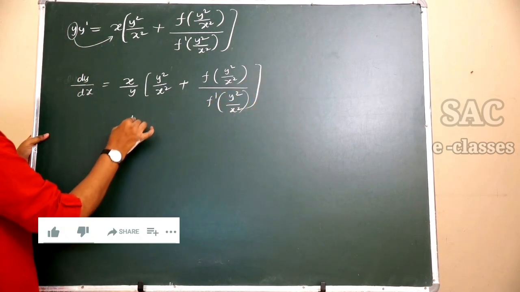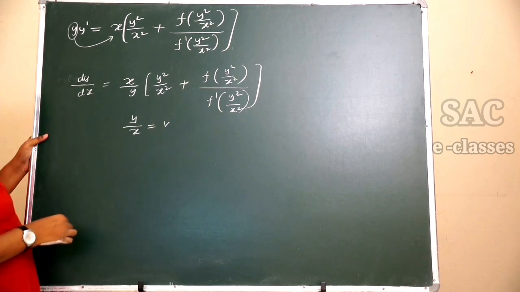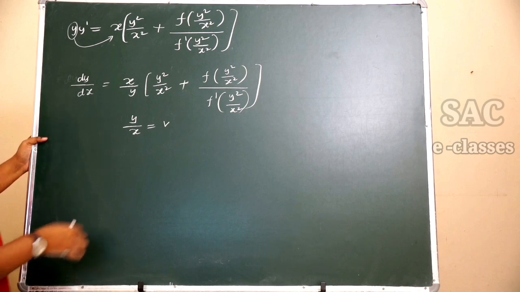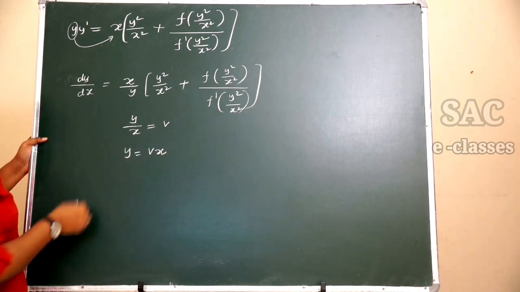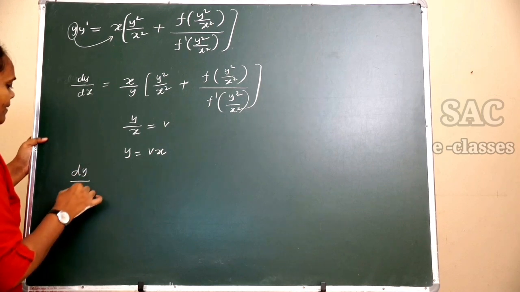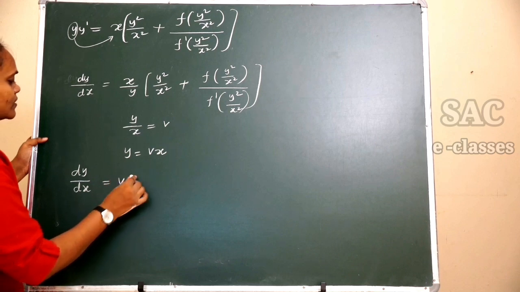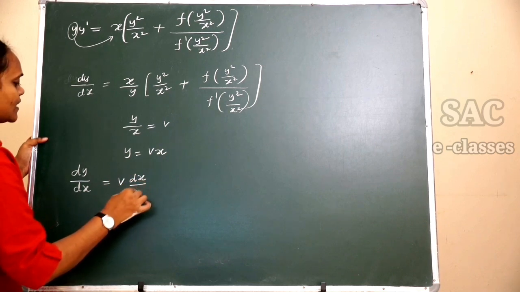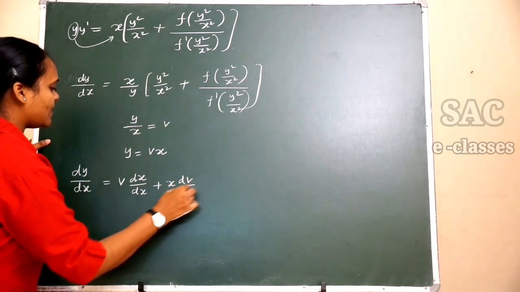Let me assume that y by x is equal to some v. We know that y by x is v means y equals vx. Differentiate with respect to x, then dy by dx equals, using the uv formula, v into dx by dx plus x into dv by dx.